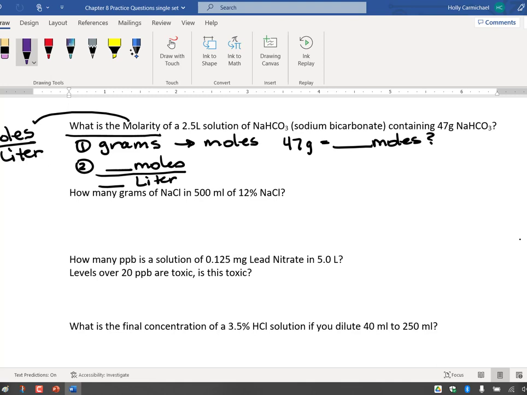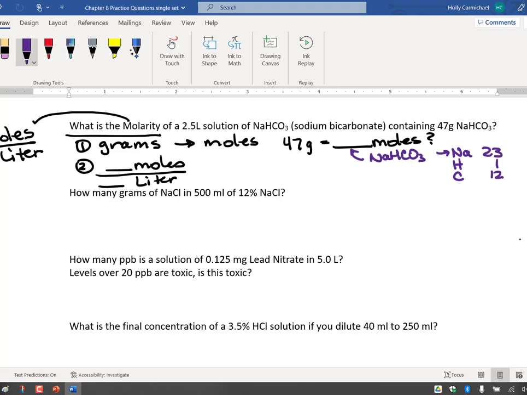I need to know how many grams in 1 mole, so I have to add up the masses. Look at the periodic table. NaHCO3 means I have 1 sodium, which weighs 23. I have 1 hydrogen, which weighs 1. I have 1 carbon, which weighs 12. Remember, those are the numbers under the symbol on the periodic table.